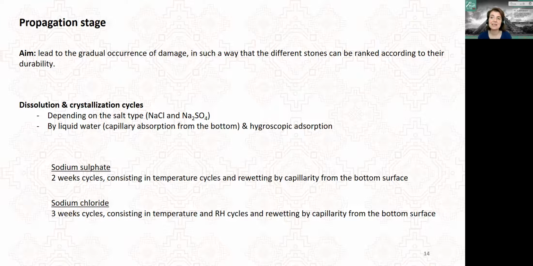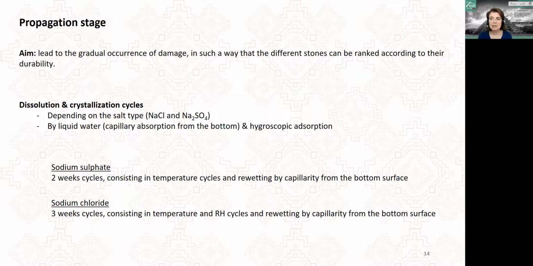This is because the thenardite, the anhydrous sodium sulfate, dissolves and then recrystallizes immediately into mirabilite, crystallizing at a high supersaturation. And this high supersaturation leads to high crystallization pressure and to damage. That's the reason why we decided, in the case of sodium sulfate, to re-wet the specimen with liquid water by capillary absorption from the bottom and at 20 degrees.